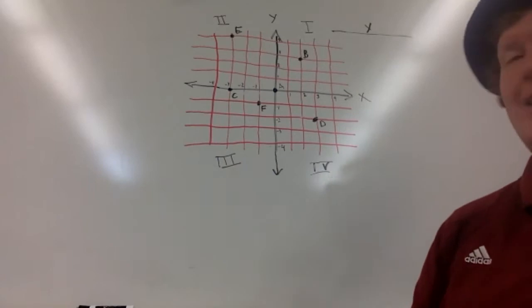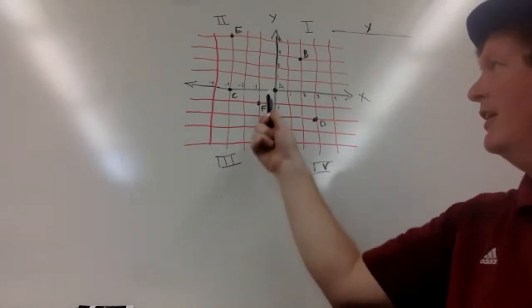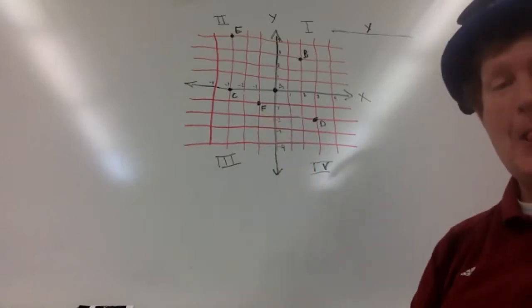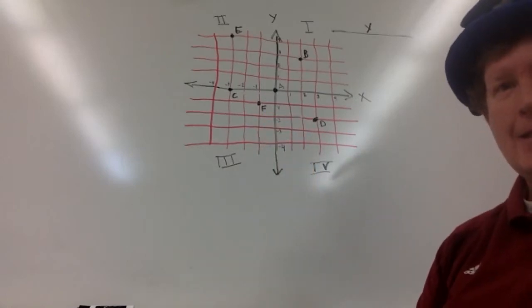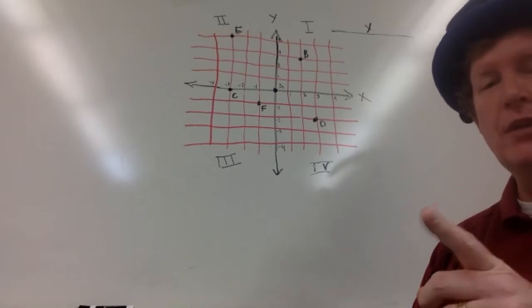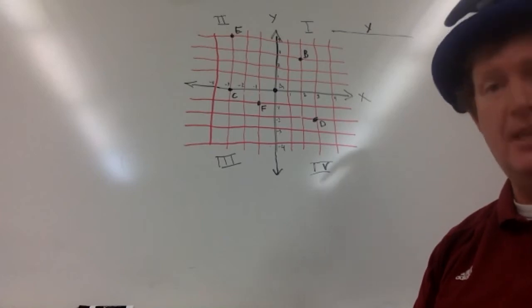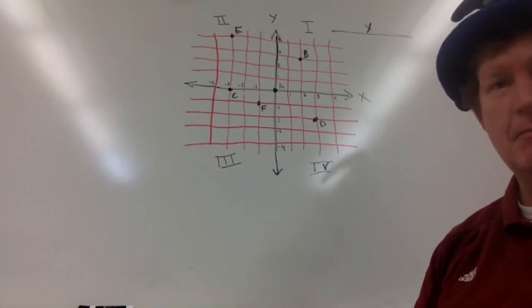Okay, so here's the other trick question. Anybody can answer? What about A? It's in all the quadrants. Okay, but instead of saying all the quadrants, we give it a special name.